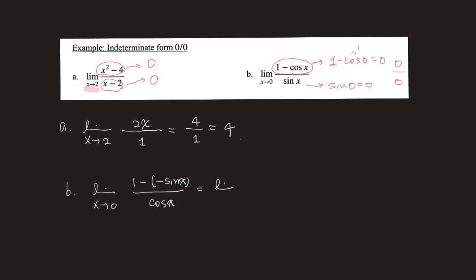So the limit as x approaches 0 of sine x over cosine x. Direct substitution gives sine 0 over cosine 0. Sine 0 is 0, cosine 0 is 1. The limit is 0. Guys, remember, I emphasize a couple of times, this must always be a 0 over 0 form before you use L'Hopital's rule.